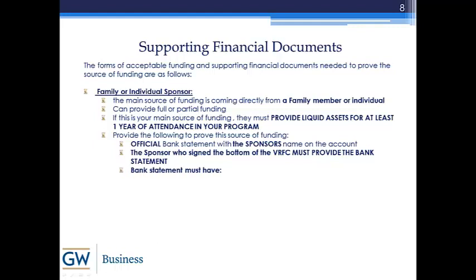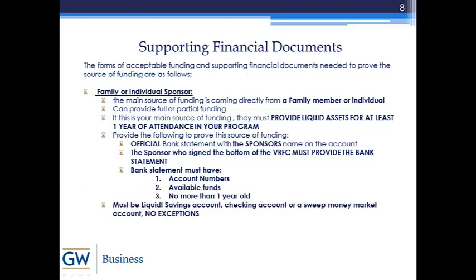The bank statement must have the account numbers, the available funds, and must be no more than 1 year old. These assets must be liquid, i.e. a savings account, a checking account, or a sweep money market account.